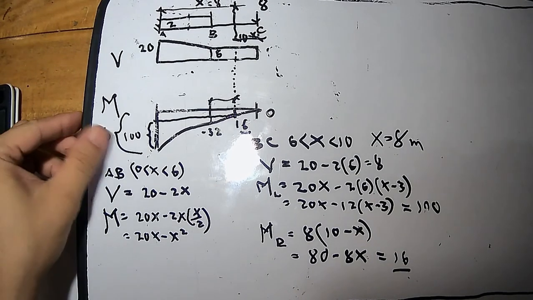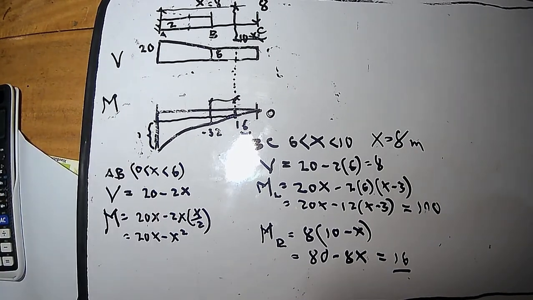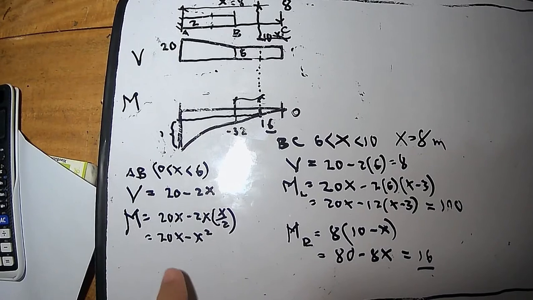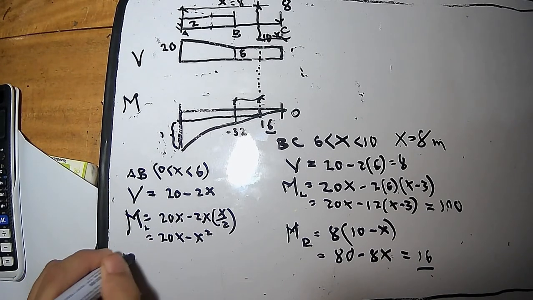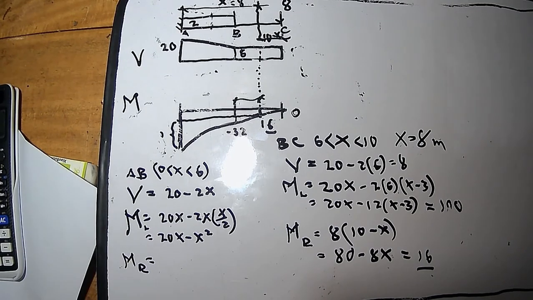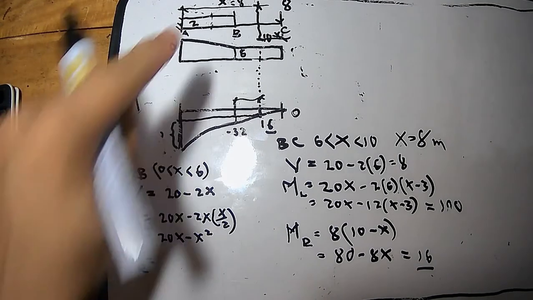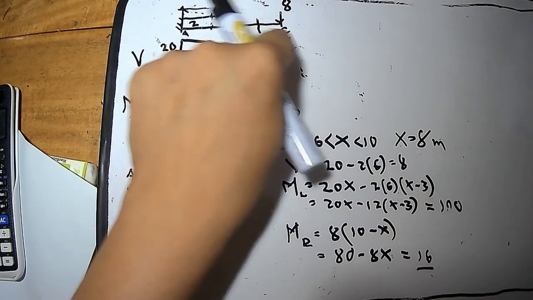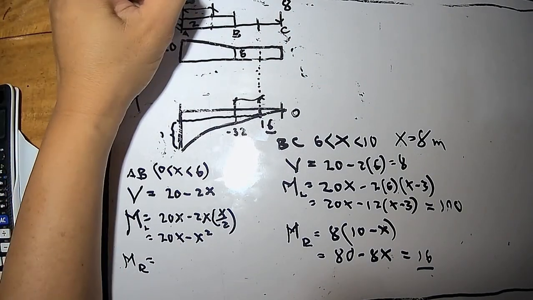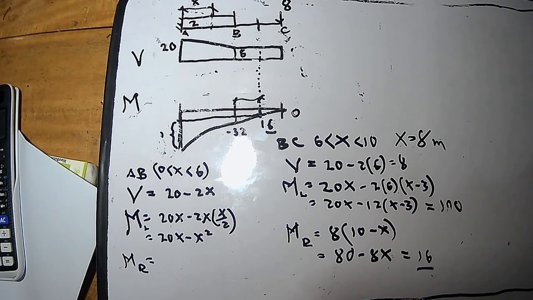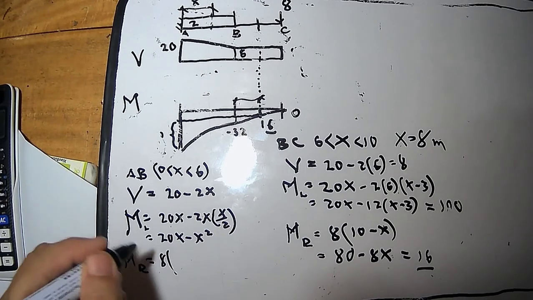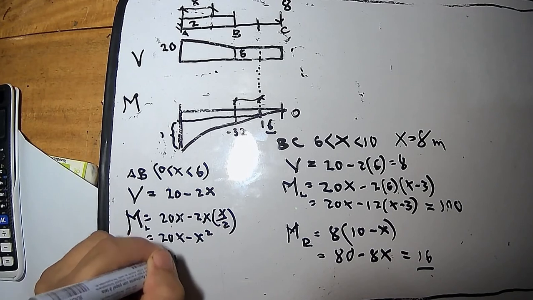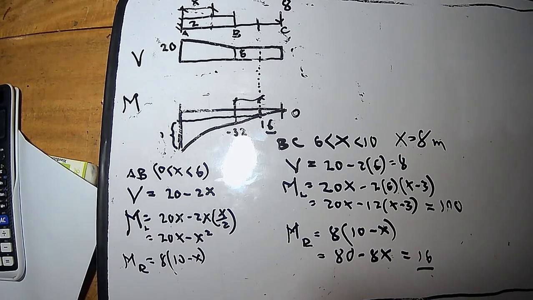Ganon din dito sa section AB. Okay? So, yung 20x minus x squared, this is actually your moment left. Okay? So, that is your moment left. How about moment right? So, try natin yung moment right. So, balik tayo dito. This is x. Moment right would be 8 times the quantity 10 minus x. Okay?